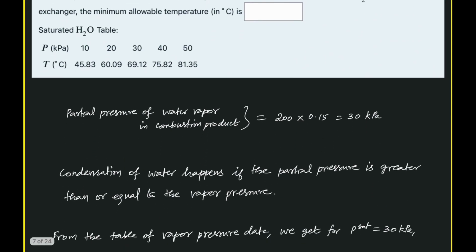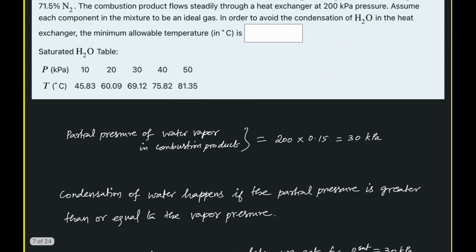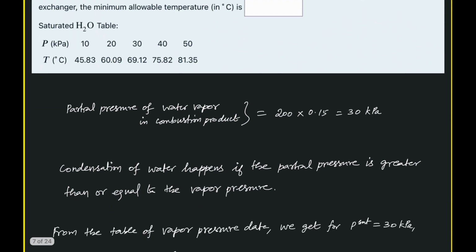The condensation of water happens if the partial pressure is greater than or equal to the vapor pressure. That is, whenever the partial pressure exceeds the vapor pressure, the condensation starts. So we should ensure that the partial pressure is never greater than the vapor pressure.